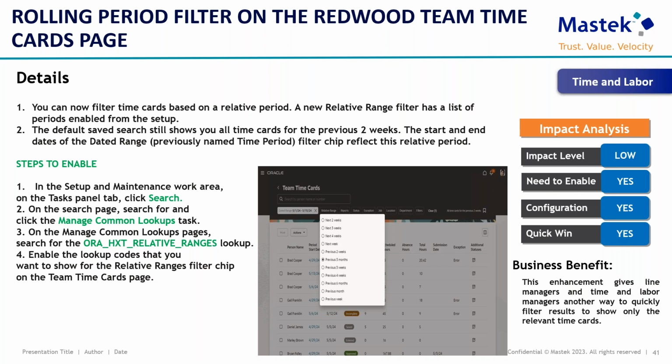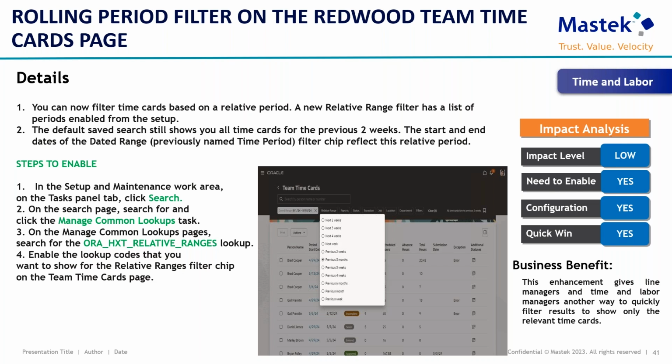If we enable all of those, employees, managers, and time administrators can view their time cards based on the relative range. So instead of specifying a period, start date and end date, if they wanted to take a look at the view for 1 week, 2 weeks, or a month or so, they can use predefined relative ranges that are there in the system.